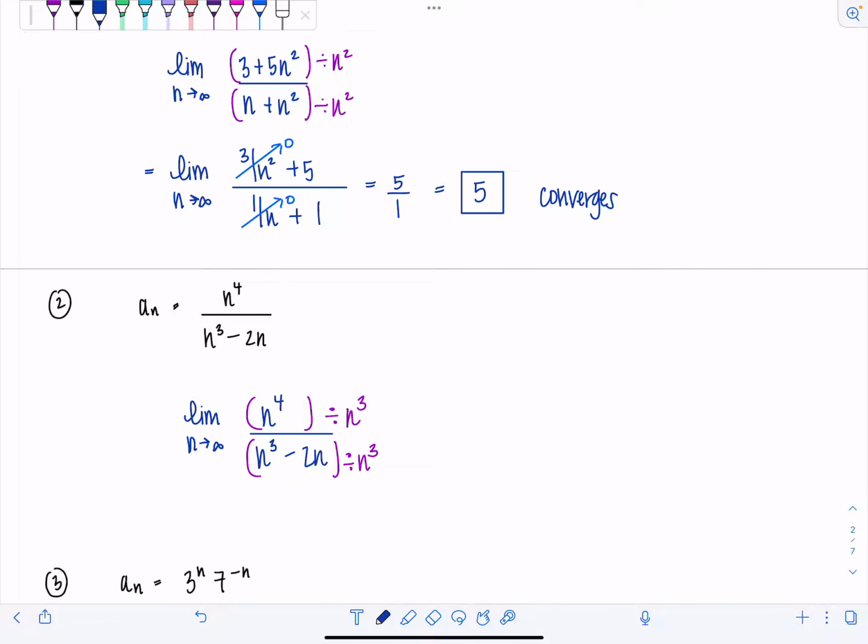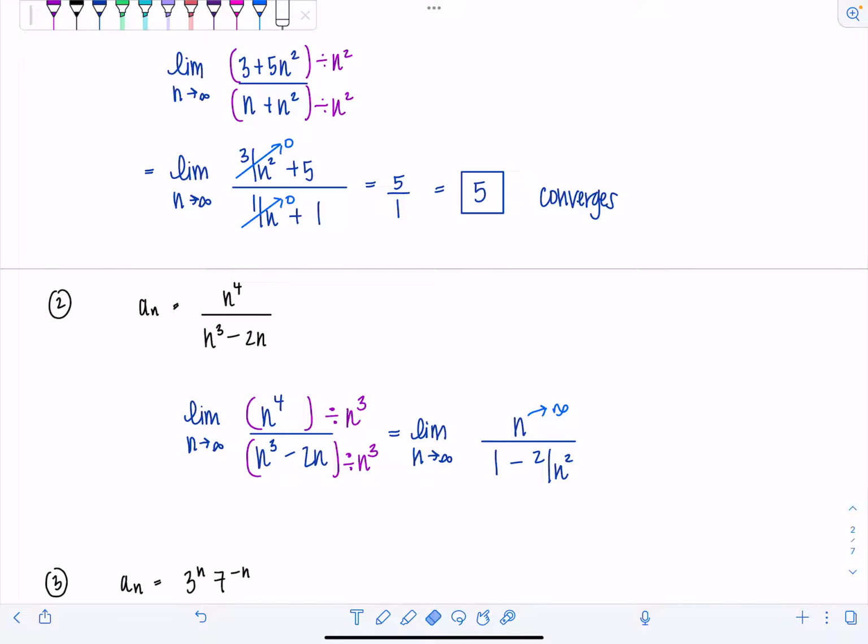And now we've got the limit as n approaches infinity. n to the fourth divided by n cubed is just n. n cubed divided by n cubed is 1, minus 2 over n squared. So now let's see what's going on. As n approaches infinity, the numerator has an n, so that's going to go to infinity.